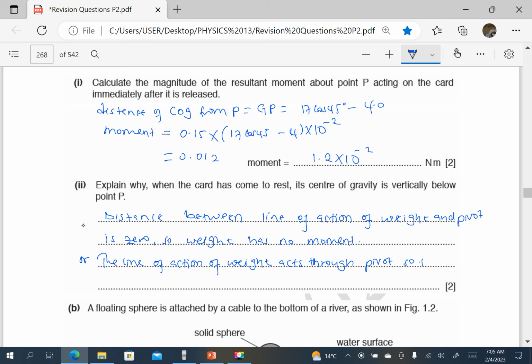So it means the weight does not have a moment about P. Its center of gravity is going to be below point P because when it comes to rest, the line of action of the weight will be acting through the pivot, so the weight does not have a moment about P.